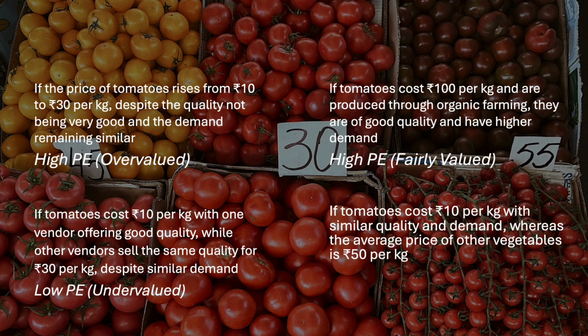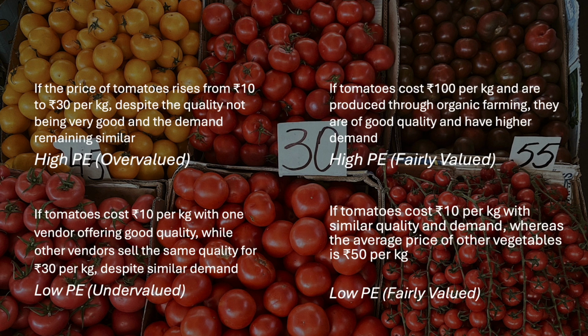Lastly, if the other vegetables are at rupees 50 and the tomatoes cost rupees 10 per kg, with the same quantity and demand, then tomato as a sector is a low PE vegetable, fairly valued.